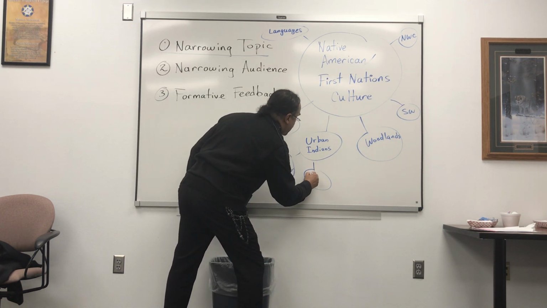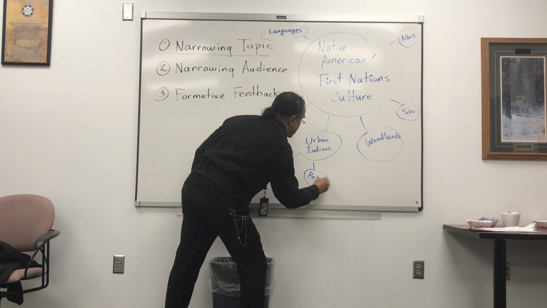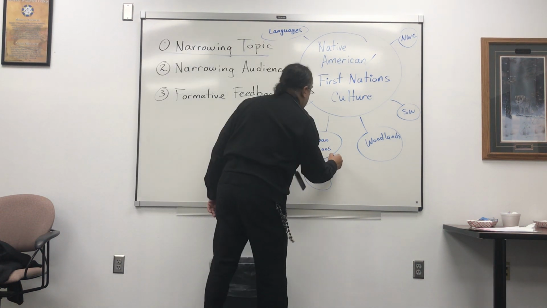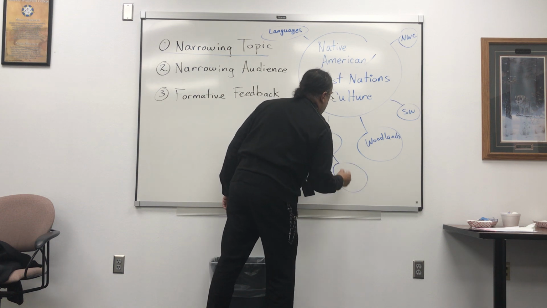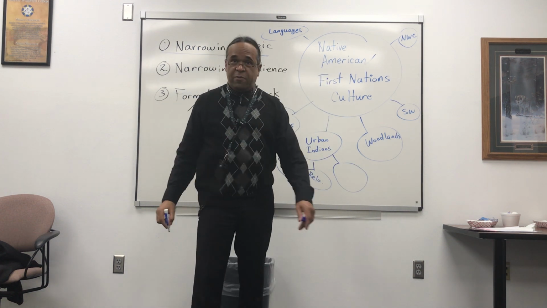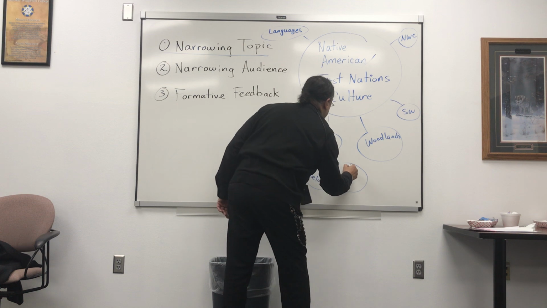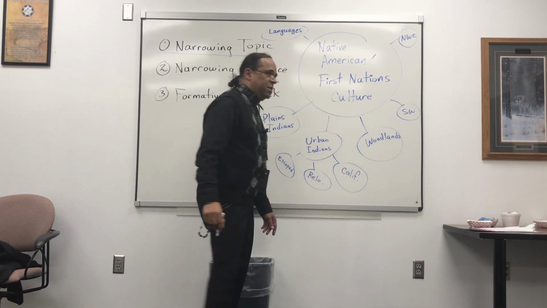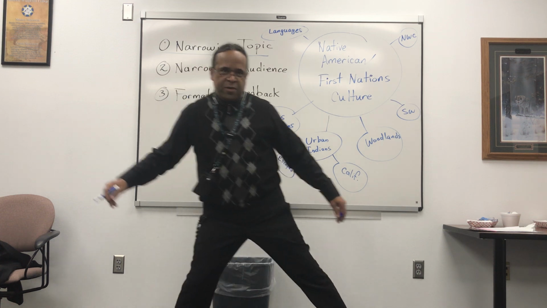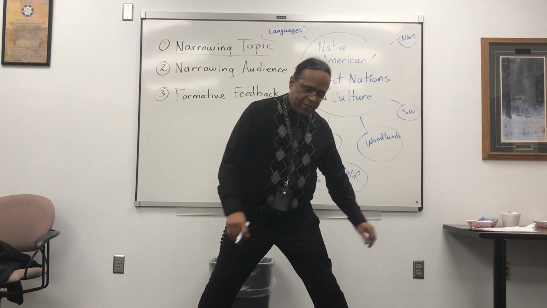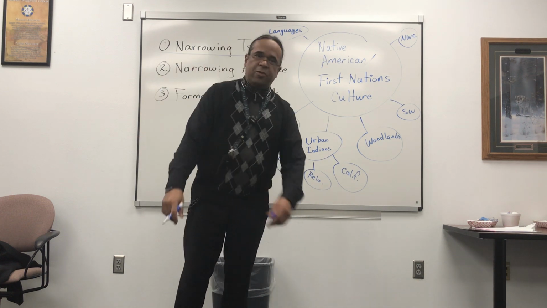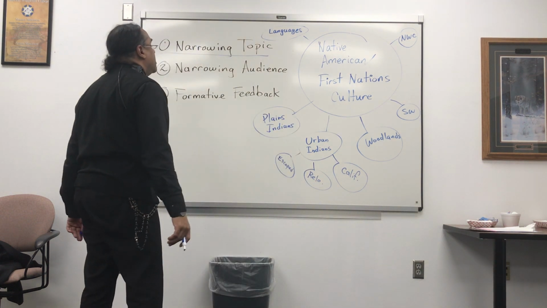I'll just put relocation. What else we got? California tribes. A lot of those guys live on itty bitty reservations called rancherias. So they kind of live with one foot on this little rancheria and another foot in non-Indian society. A lot of Southern California tribes do that.